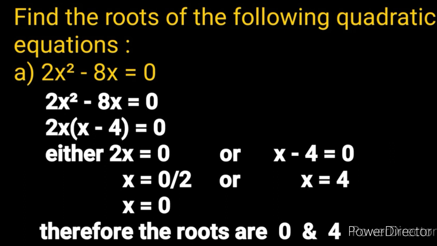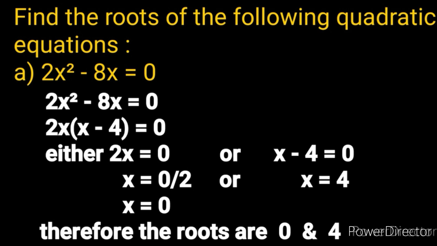So we'll take 2x out. In the bracket, x is left, minus 2 4s gives you 8. So x minus 4 in the bracket equals 0. So either 2x equal to 0 or x minus 4 equals 0. So x is equal to 0 upon 2 and 0 upon any number is 0 and x is equal to 4. Therefore the roots are 0 and 4.